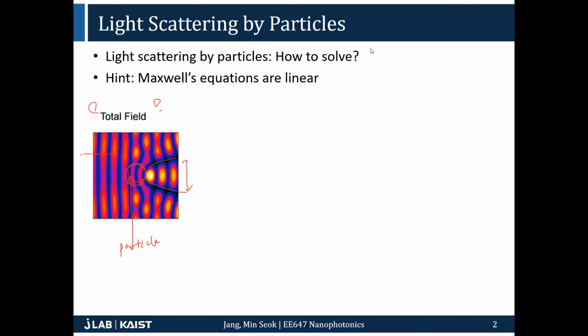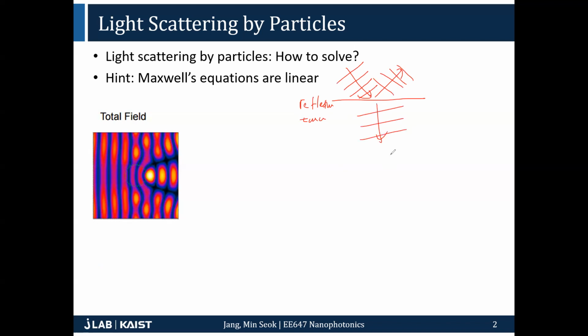We can think about what we did last time. What we did last time was we wanted to solve the problem of reflection and transmission at a planar interface. In this case, we had an input waveform, and then we assumed that there is an output wave, a reflected wave and a transmitted wave.